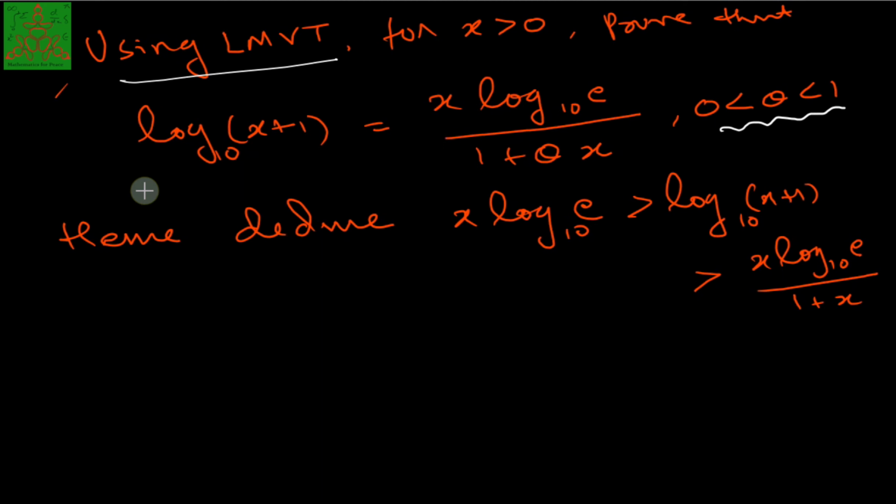As you can see, on this side it is given log of x plus 1 base 10, and the derivative of the log function we know is 1 upon x. So it suggests that we have to define a function, log x, but the interval is now, instead of x, from 1 to x plus 1.